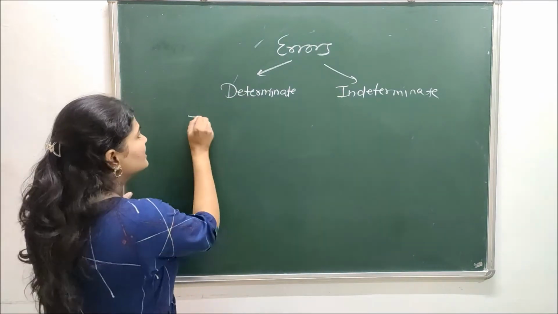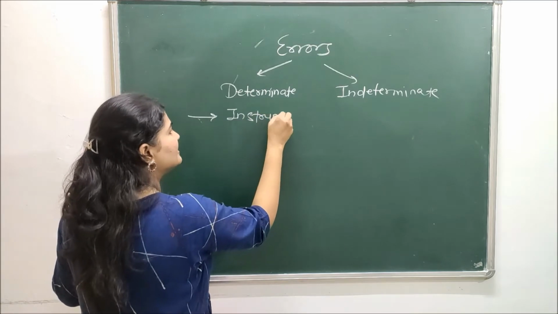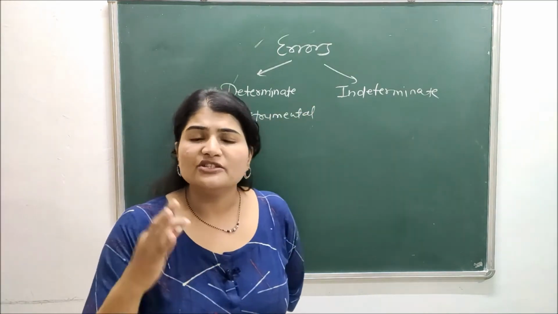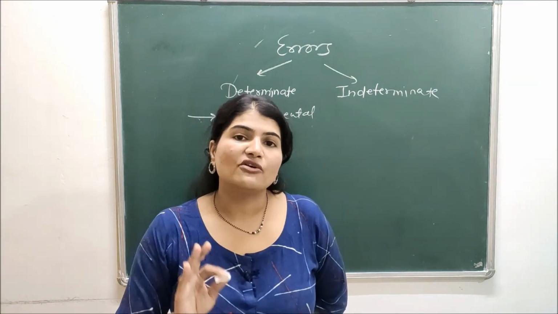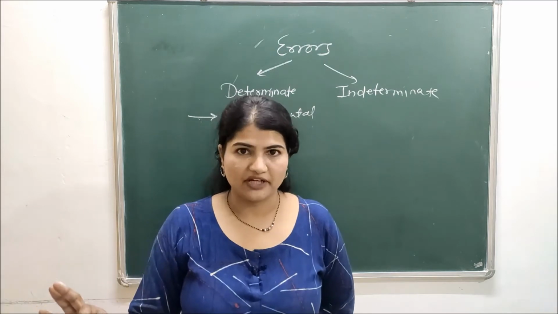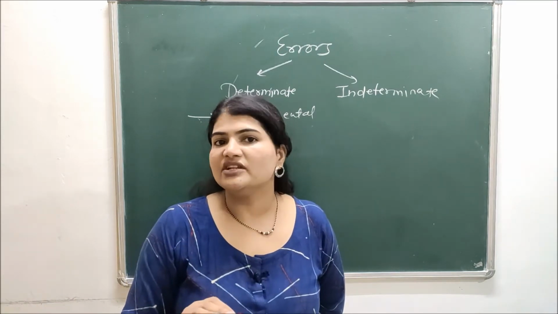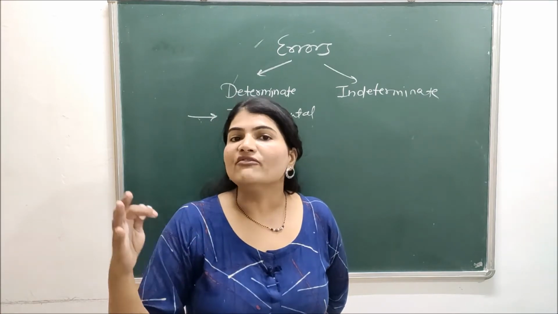The first determinate error which we come across is instrumental error. Now as the name suggests, instrumental error is nothing but the error arising due to use of a faulty instrument or equipment. See, the equipment or instrument which we are using for analysis, if it is not calibrated, then it can give rise to a certain degree of error.